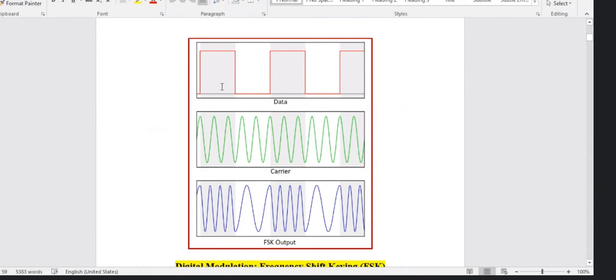So when the digital data is 1, we have one frequency, and when it is digital 0, we have another frequency. Since the message signal has only two values, the output has two values. Here we have one frequency value for 1, and for 0 we have another frequency value.